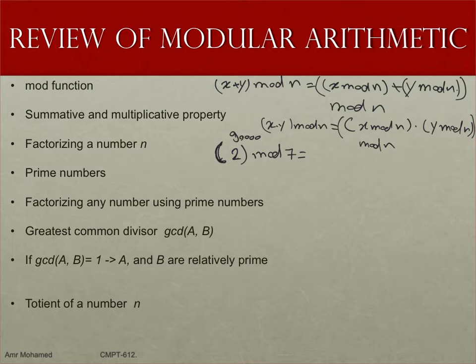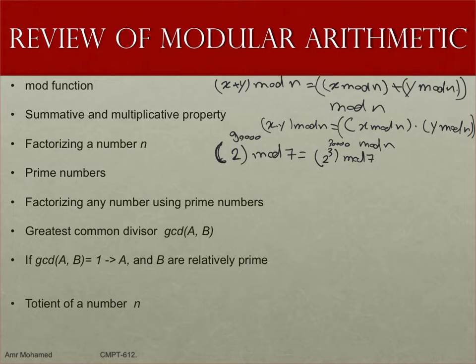It turns out using the multiplicative property, an exercise like this is very easy, because you can simply say that 2 to the power 90,000 is in fact 2 to the power 3 multiplied by 30,000. And this is mod 7, right? So using the multiplicative property, you can get the mod inside.